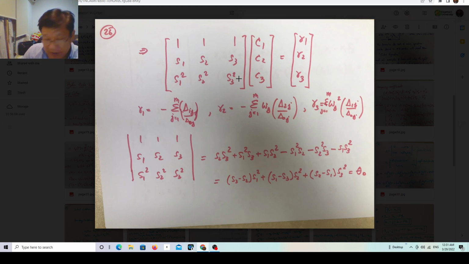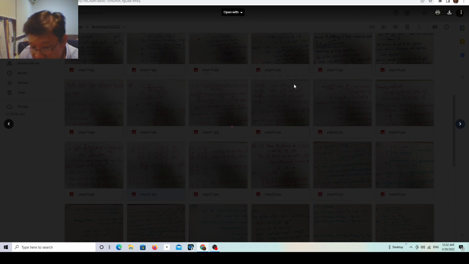Then find the determinants of the resulting matrices, and you get the ratio, theta divided by theta 0. You get the general form to find c sub 1, c sub 2, c sub 3. And that's what we did here.